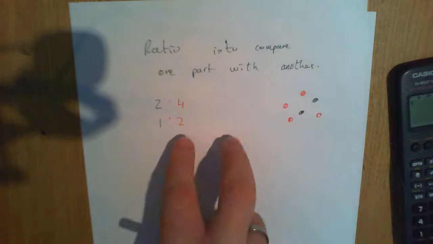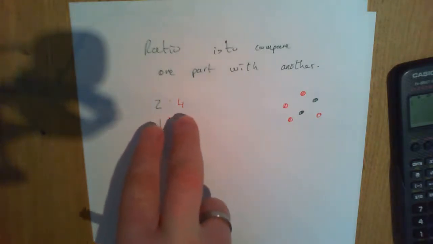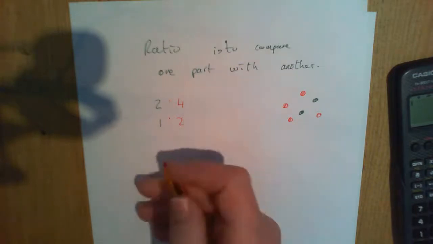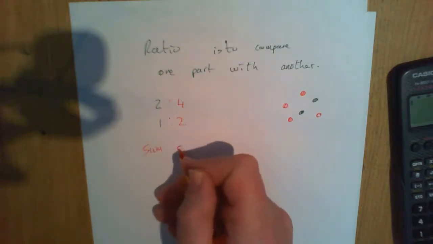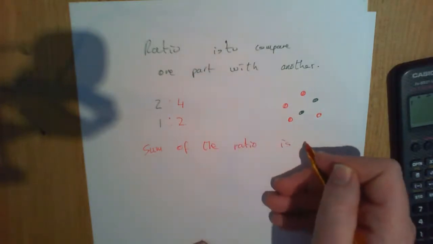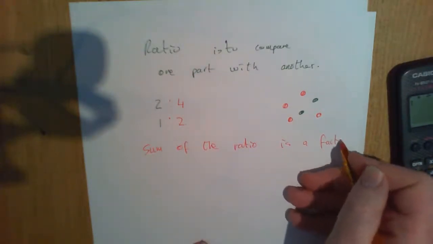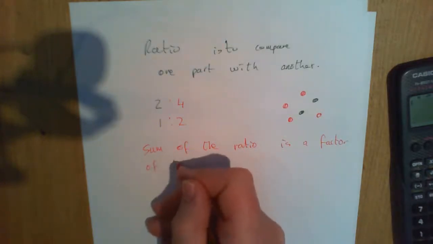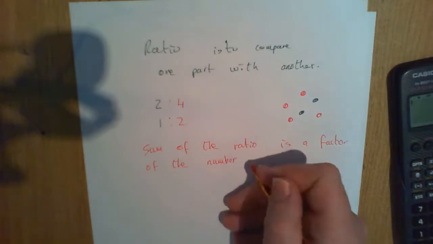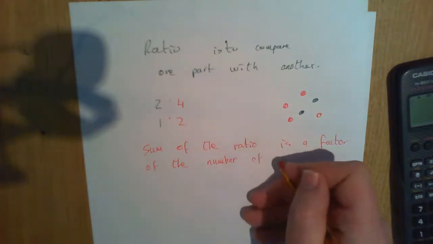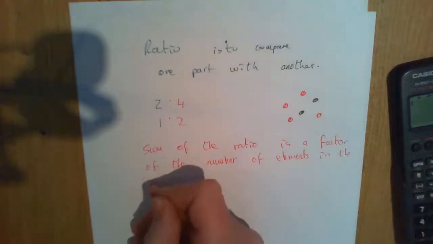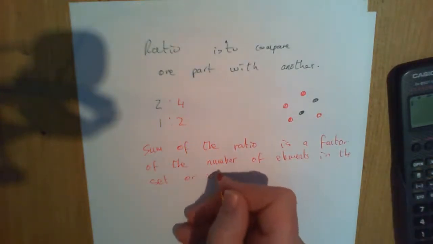Now, if the ratio is in its lowest possible form, then the sum of the ratio is a factor of the number of elements in the set or collection.